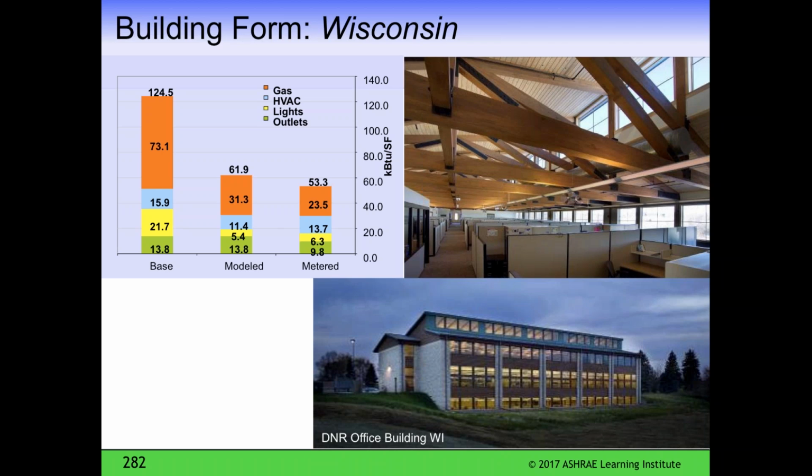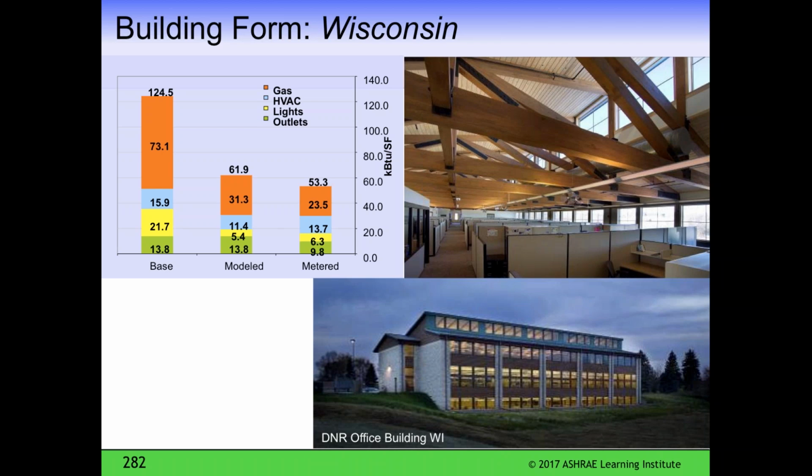The baseline on the upper left met the code in Wisconsin at the time. I'm not sure whether it was 2004, 2007, but you saw your baseline at 125 kBTU per square foot, and the building as modeled was at 61.9 kBTU per square foot, and the building as metered was less at 53.3.